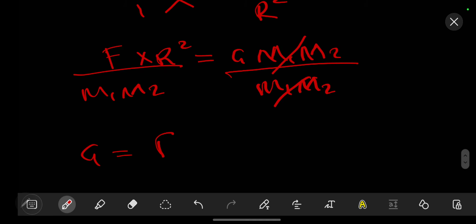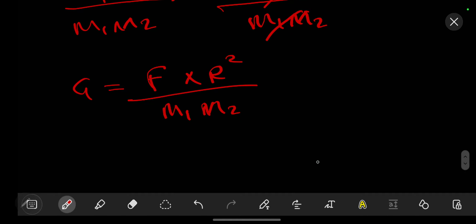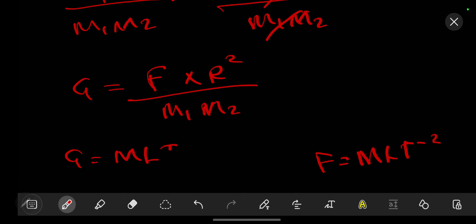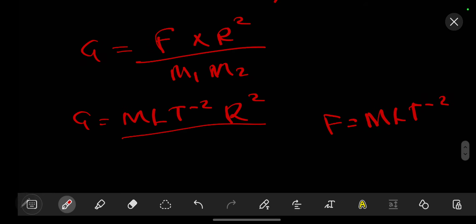Our g should be equal to the force times the radius squared over mass 1, then mass 2. We already know that our F, which we have constantly been deriving, is equal to MLT raised to the power negative 2. So our g should be equal to MLT raised to the power negative 2, then r squared over m1 m2. So now these are our dimensions.